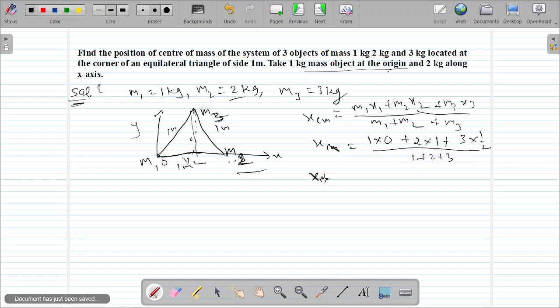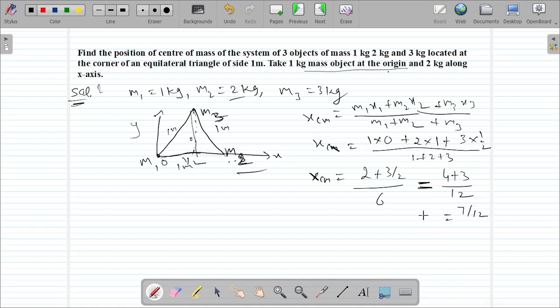Then x center of mass equals 2 plus 3 by 2, by 6. So it is 4 plus 3 by 12, so it is 7 by 12. So on the x axis it is at a distance of 7 by 12.